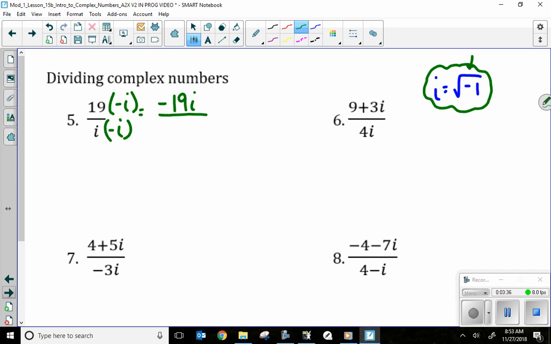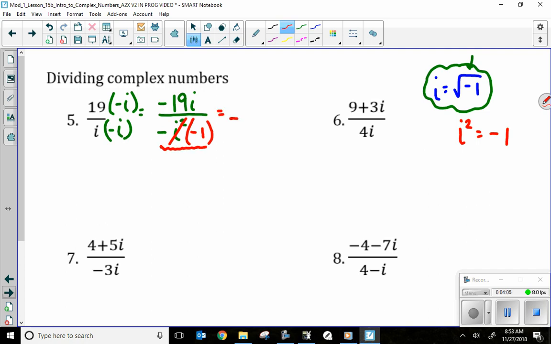So let's multiply our denominators here. Positive i times -i is -i squared. And another golden rule to never forget: i squared is -1. So instead of -i squared, I have -(-1), because i squared is -1. What happens when I negate a negative?